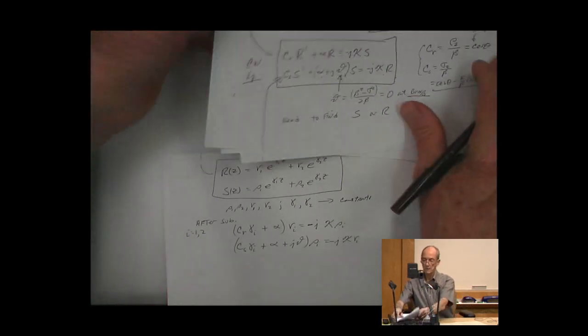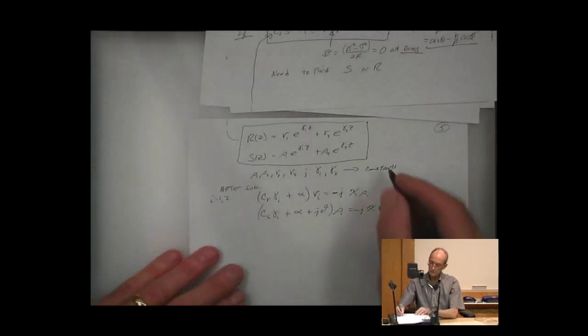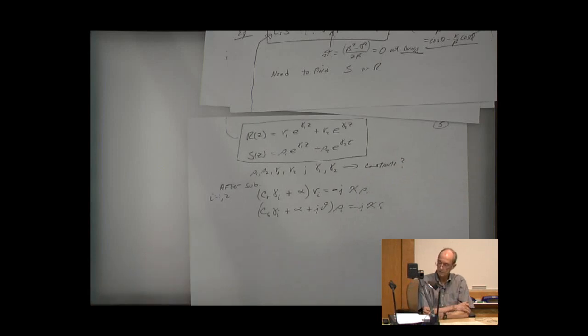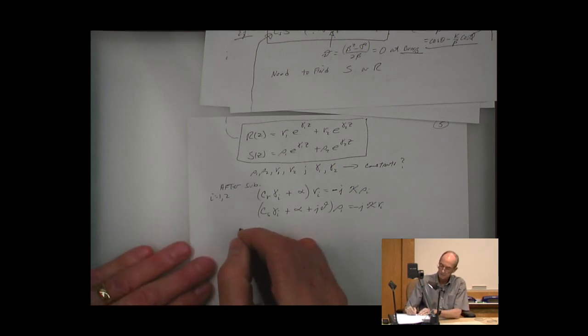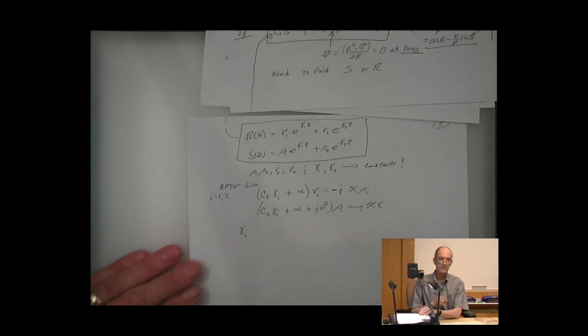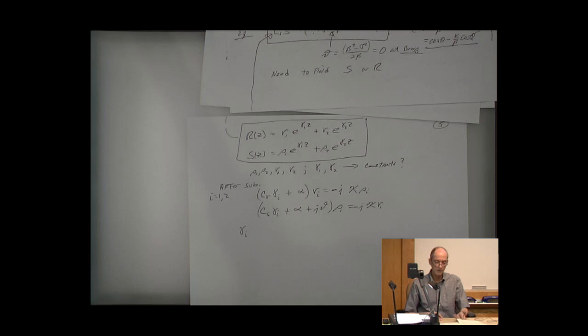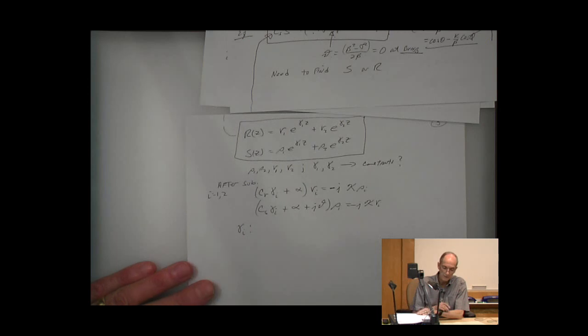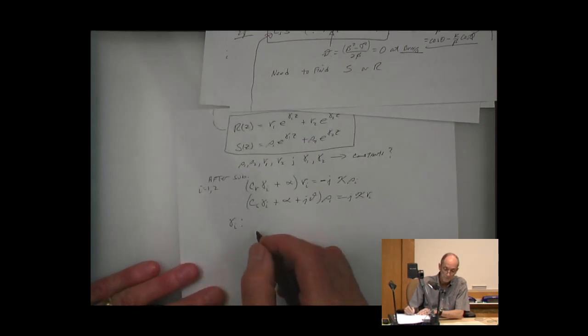Okay? So again, we need to determine these constants. We don't know what they are. And so let's do the following. Let's multiply these two equations together, and we end up with a quadratic for gamma I. And this will help us, and then we can eliminate R I and S I. So with that, we end up with the following.